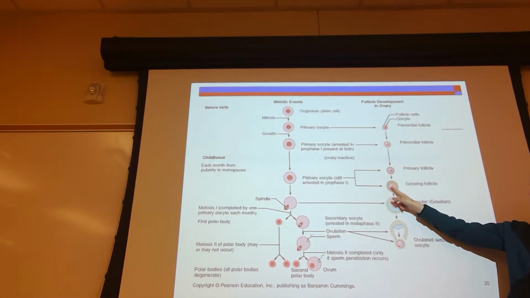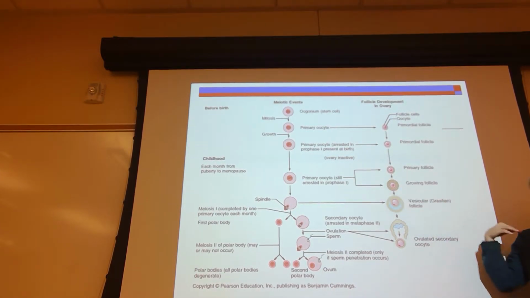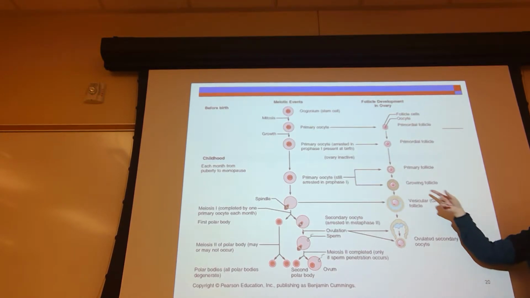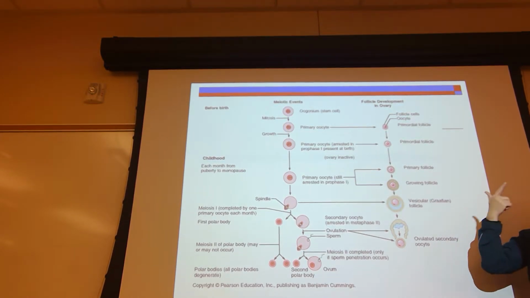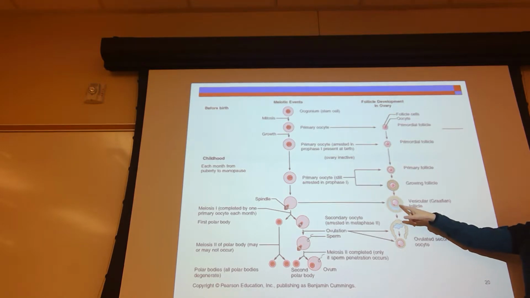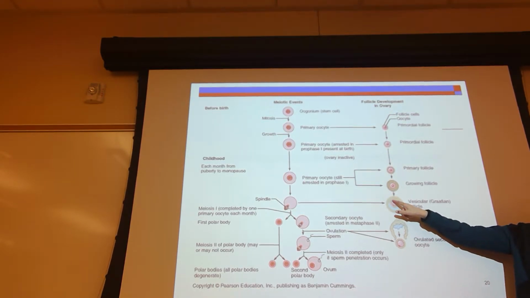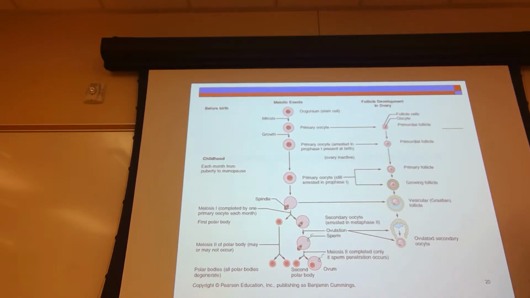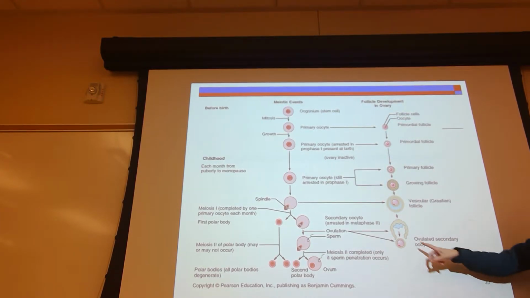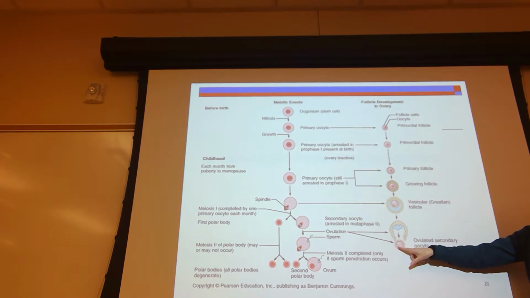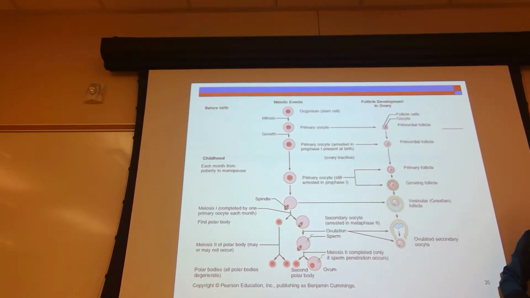Then they started to develop an antrum, and then they were called secondary follicles, which is not shown on this slide, but it was on the previous. When we see a mature antrum and the corona radiata around this follicle, that's called a Graafian follicle. And then we have a secondary oocyte that's ovulated, but it is arrested in metaphase 2.